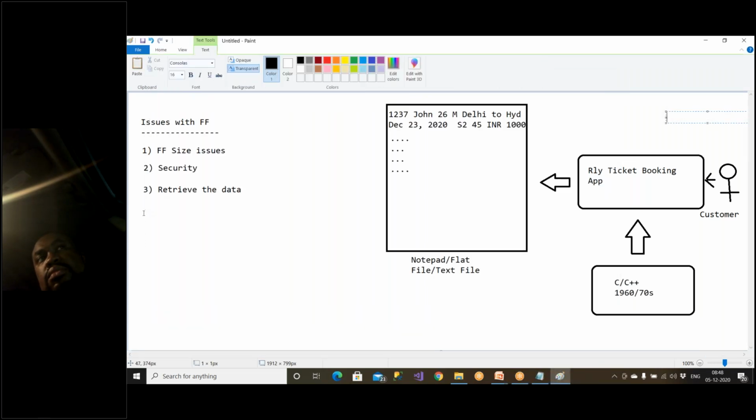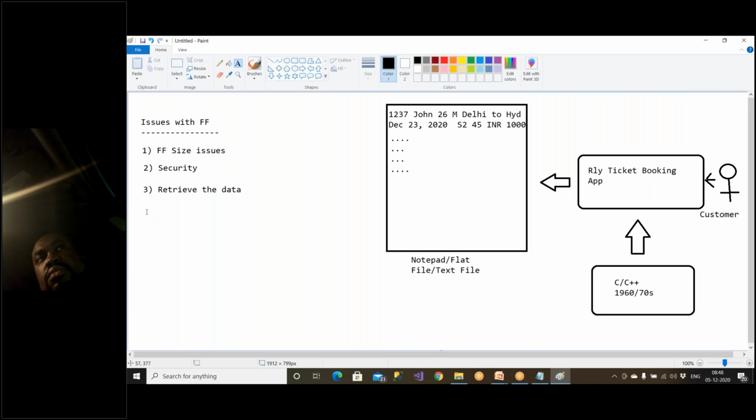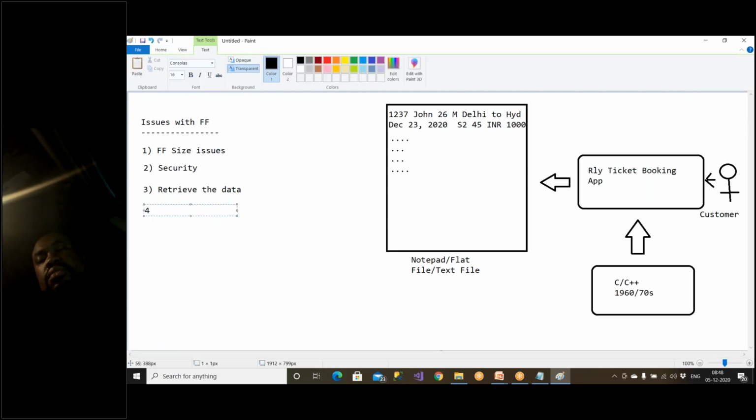If you want to retrieve the data for processing, we have to use a language called C. So I have to write a C language program and supply all the files to it, which is very complex. C is not so easy. Even if you study C language, it is very, very difficult to understand. Clear? But I should learn C language to create a report, and it was very, very difficult.